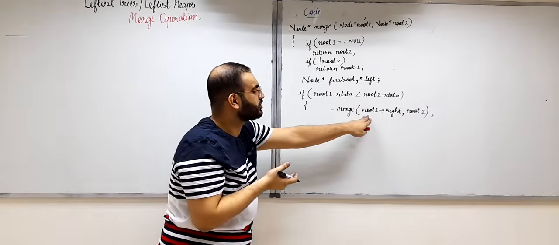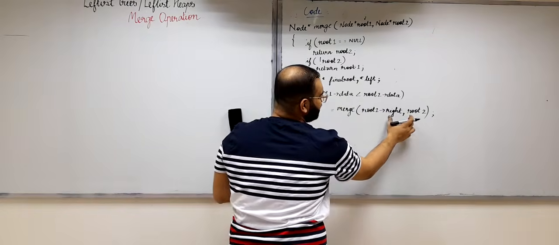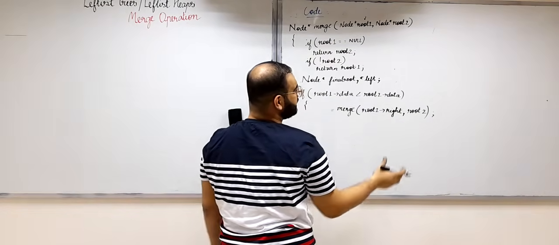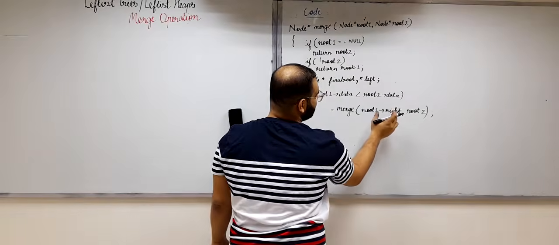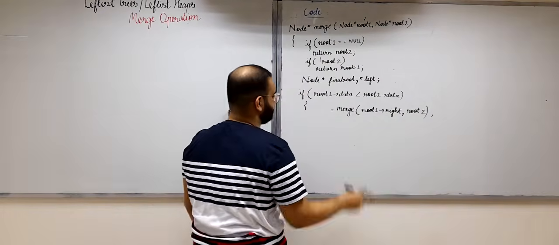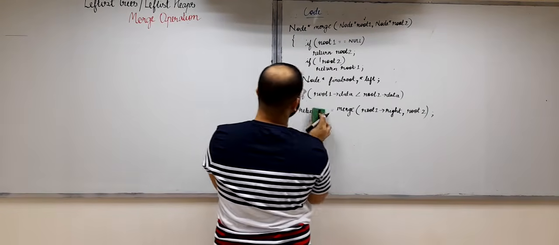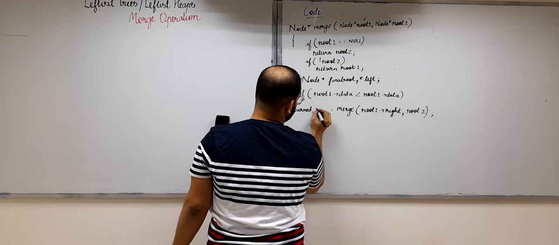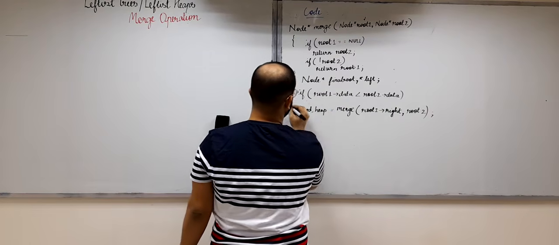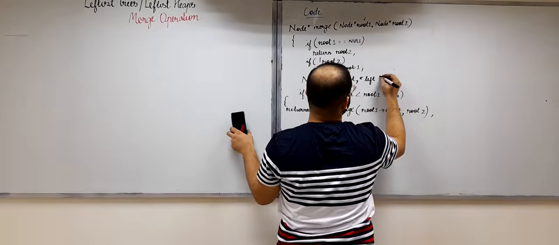This recursive call will return a merged leftist heap, merging the right subtree of the first leftist heap and the second leftist heap, which we will store in another variable called returned heap. Okay, so now I'll also declare returned heap over here.